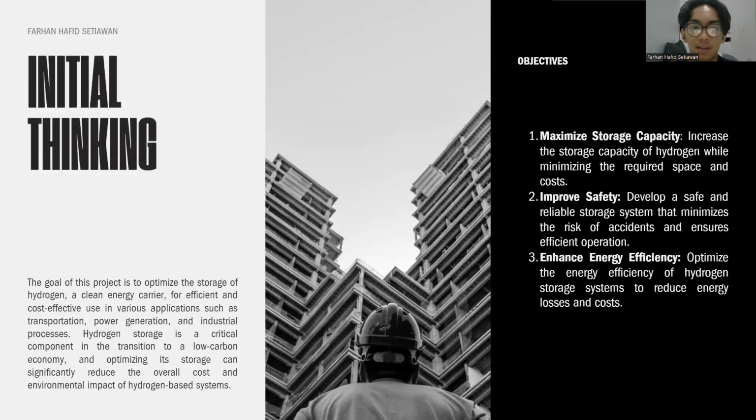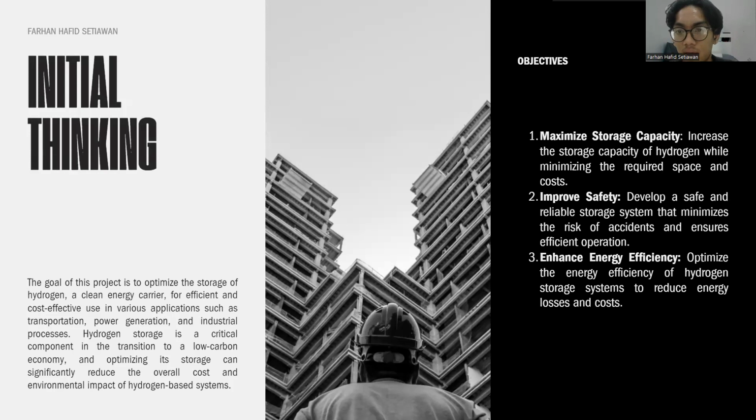The goal of this project is to optimize hydrogen storage, same as the intention before. In the initial thinking, we have three objectives to reach. First, maximize the storage capacity of hydrogen while minimizing the required space and cost.